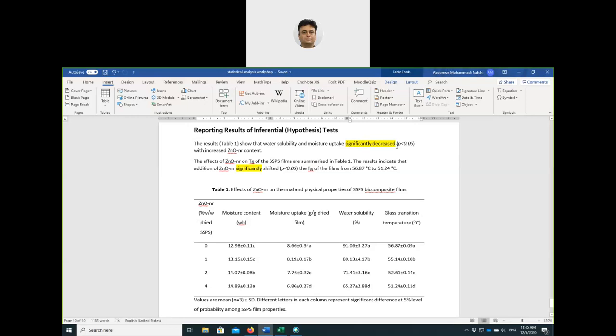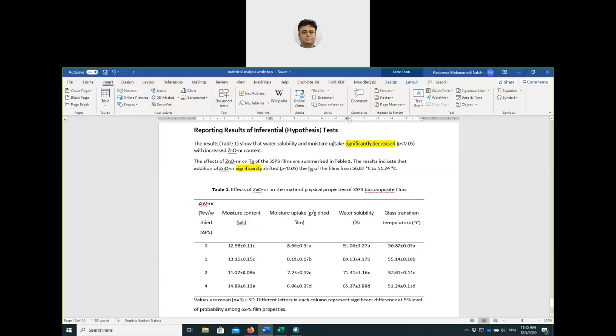And make sure that we state which level of probability we are using. Mostly as a default, we use the 0.05 level of probability. So we report p lower than 0.05 means significantly decreased. If not significantly decreased, you need to mention that p is equal to or higher than 0.05.